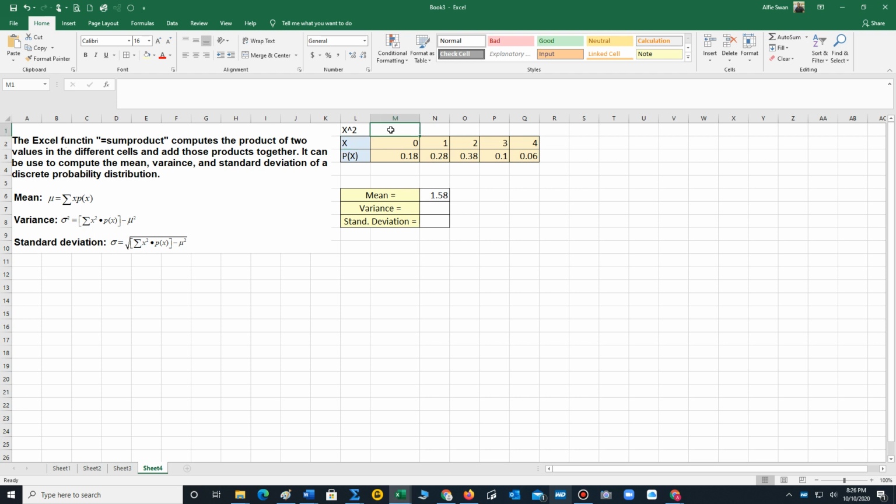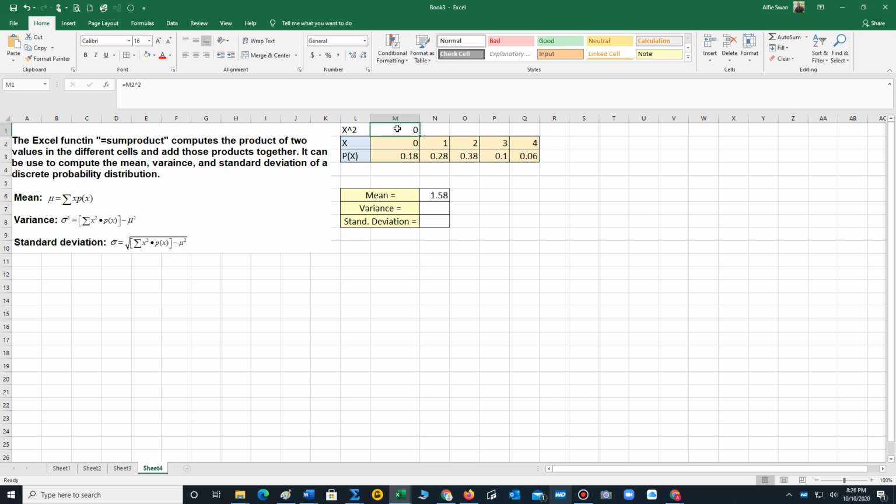To accomplish this, we select a cell above the first outcome, type in an equal sign, and select that cell. Type in the caret symbol, which is Shift 6. That represents a power in Excel. Type in 2 to represent the square. Hit enter, and we have our result. 0 squared is 0.